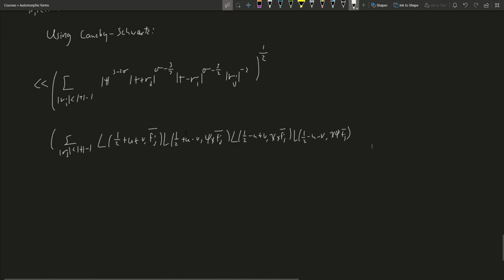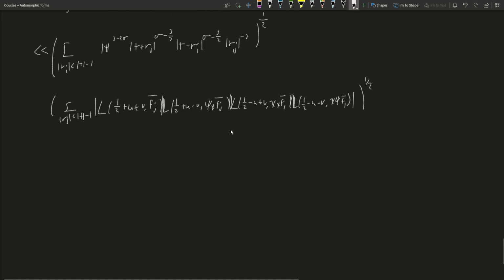So here I'm going to put just these absolute values. I would want to just indicate that I'm separating all of them. And then this is going to be this to the 1/2. So this is from Cauchy-Schwarz.